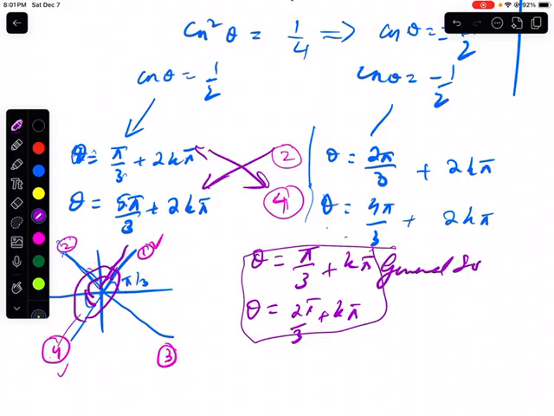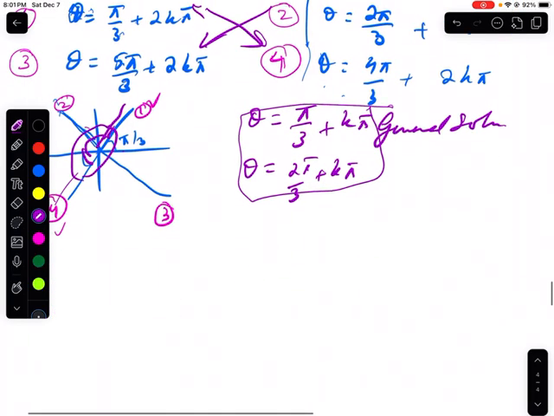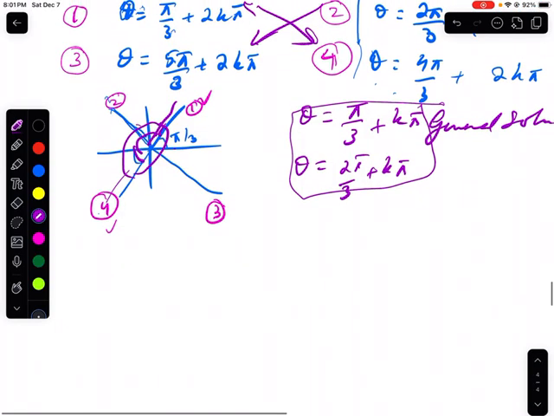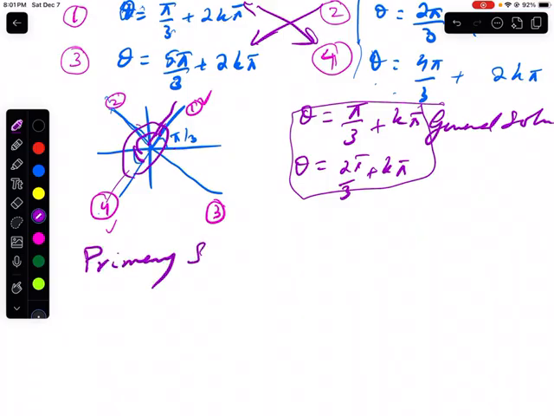Now to find the particular solutions, we do as we have been doing. So we can use these two equations. So, primary solutions. Theta will be equal to, actually it's a good idea to mention the k.